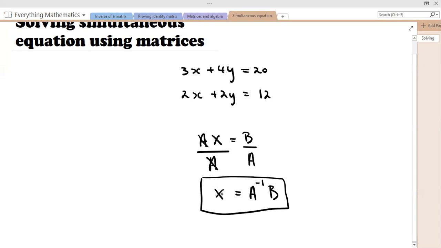So in other words, to find the values of X and Y, we basically have to multiply the inverse of the coefficient matrix by the result on the other side. And that's just the concept.